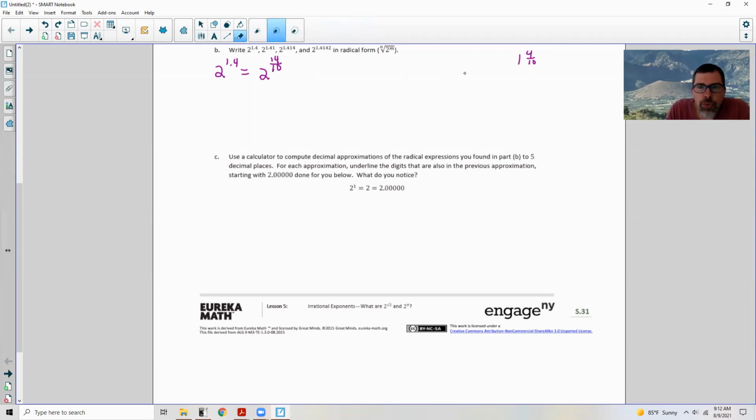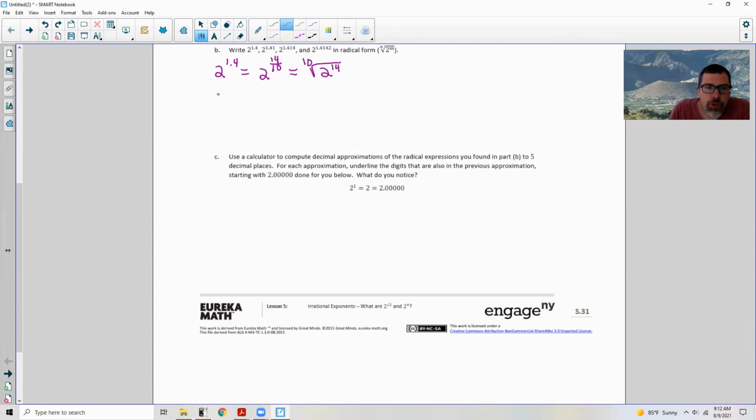Once I do that, I have my m and my n. That is the same as the root with 2 inside. The denominator is my index, the numerator is my power. Okay, and that's how you do it.